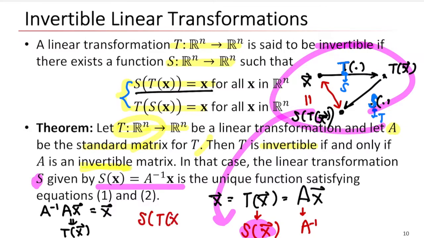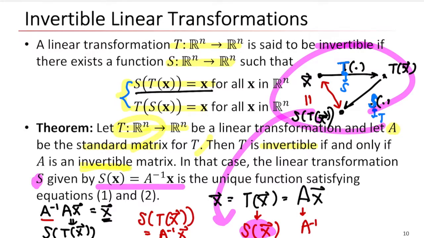So T(X) is the inverse of AX, right? Why? Because this statement can make this one, right?